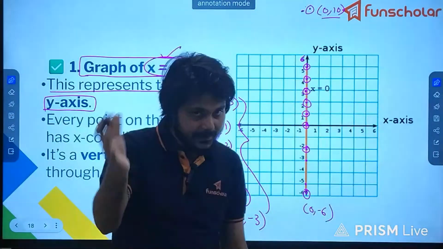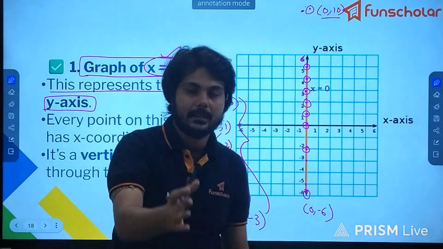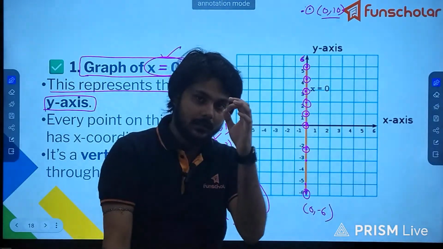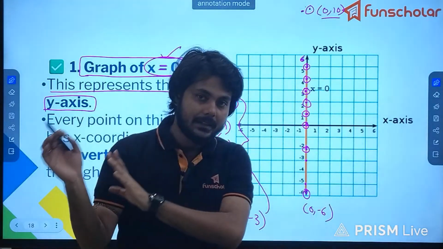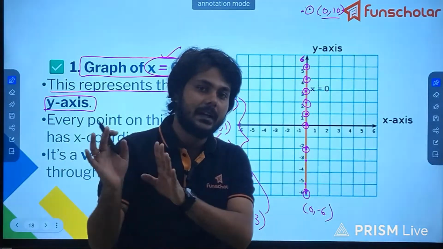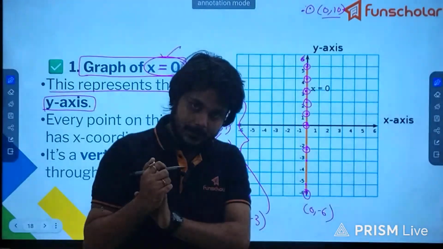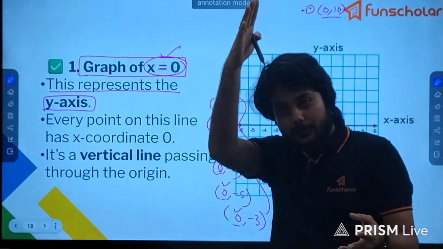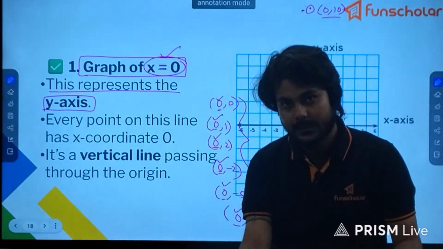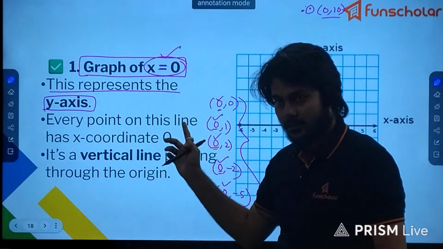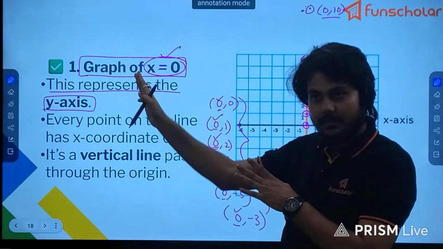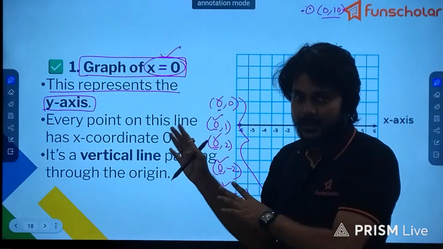X equal to 0 simply means the y-axis, because every point that lies on the y-axis contains the x coordinate as 0. Understood? Hence the formula of the y-axis will be x equal to 0, or we can simply represent the y-axis by this equation, x equal to 0.